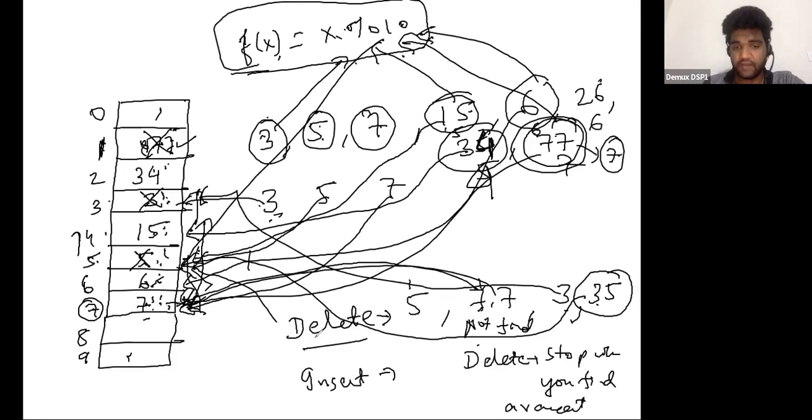So the question is, when will I stop the process of probing? For insertion, I will stop when I find a vacant cell. For deletion, somebody just said to stop when you find a vacant cell. I gave an example wherein if you delete 77, you will stop even before you find 77, whereas 77 actually exists. So my question is, when will you stop the process of probing for any case, for either inserting, deleting or searching for that matter?